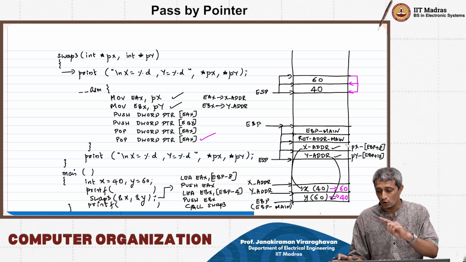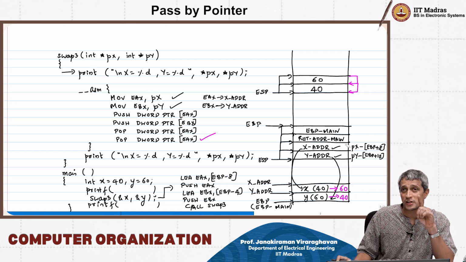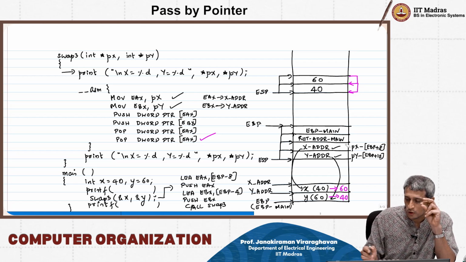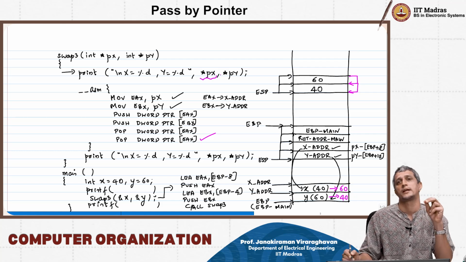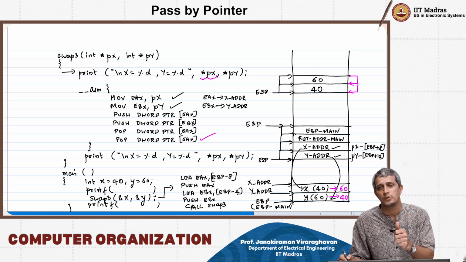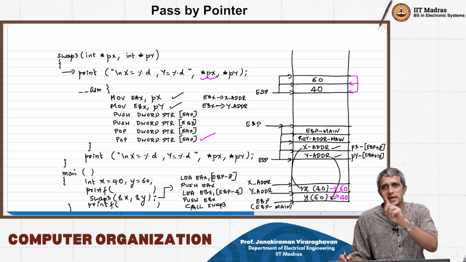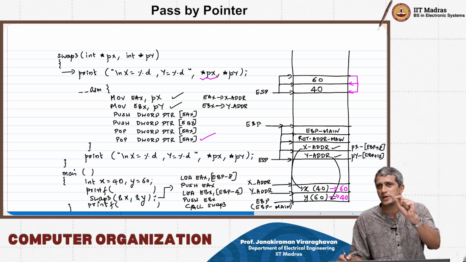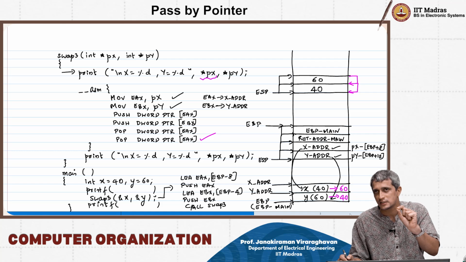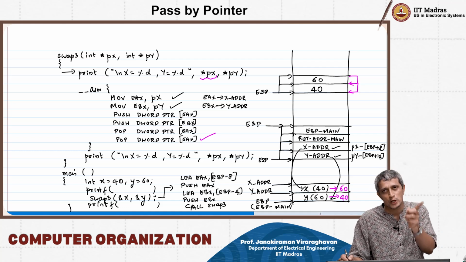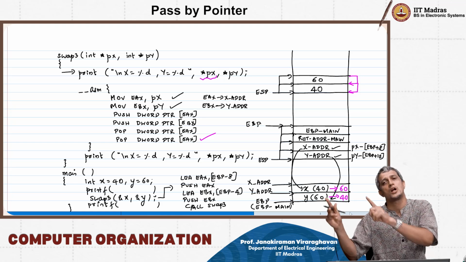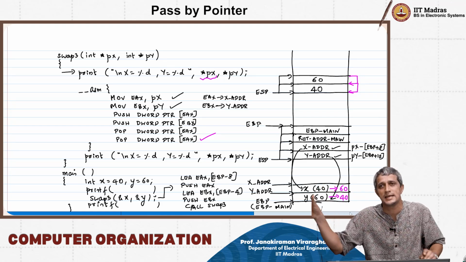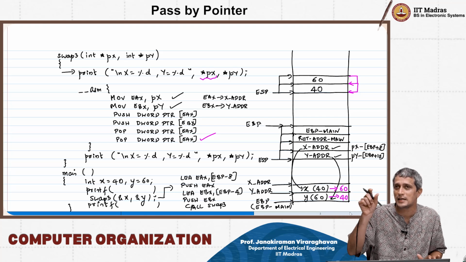Okay. So this is very, very interesting because what we have done in this implementation is to do star px. How do you do star px? You move the px value. Star px means use px as an address and get the value pointed to by that address. So you move px into a register and then do dword pointer pointed to by the register. You will get the data from that pointer.